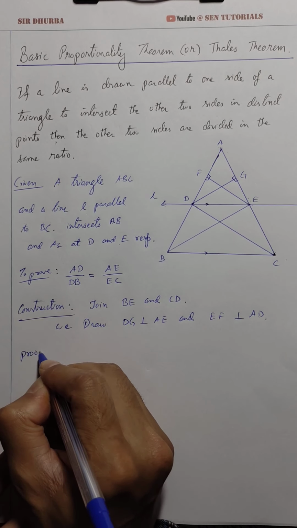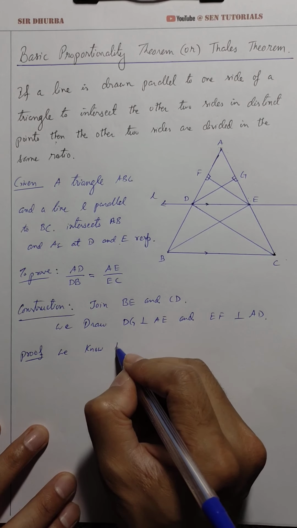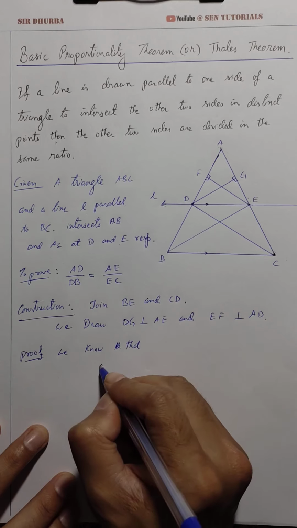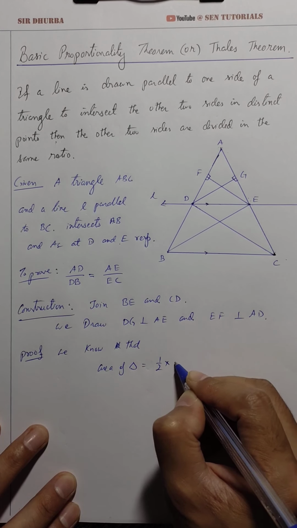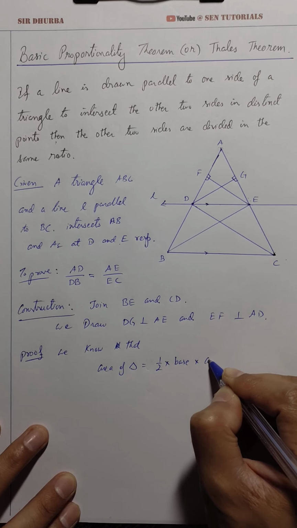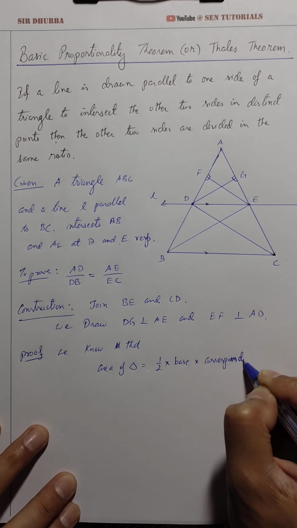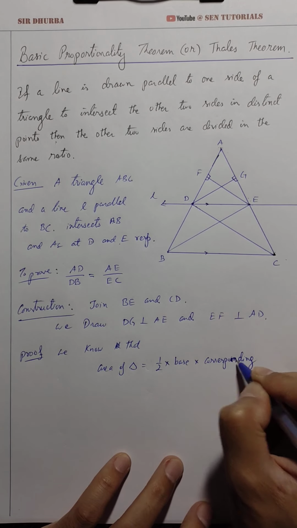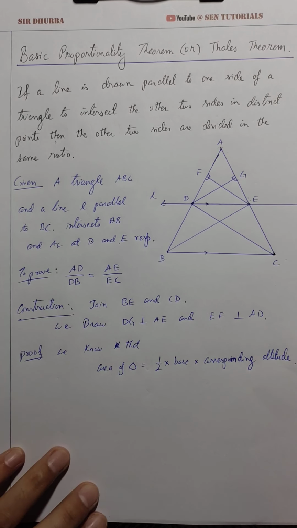Proof. So I'll write down the proof. We know that this is just the base. We know that area of triangle is equal to half into base into corresponding altitude.